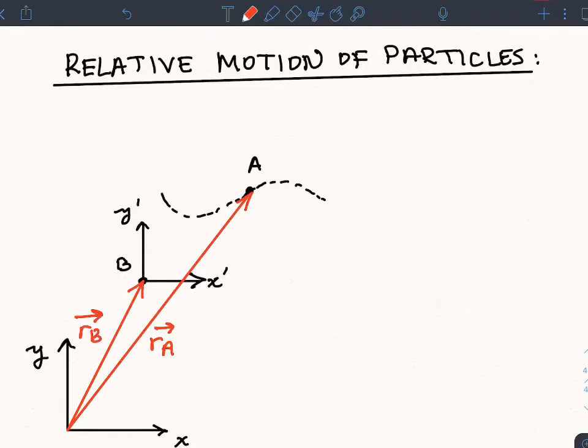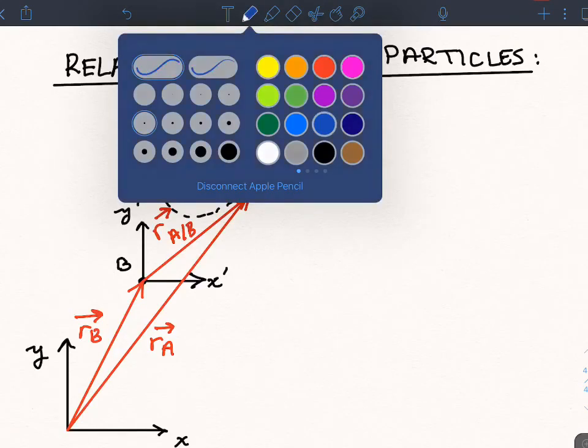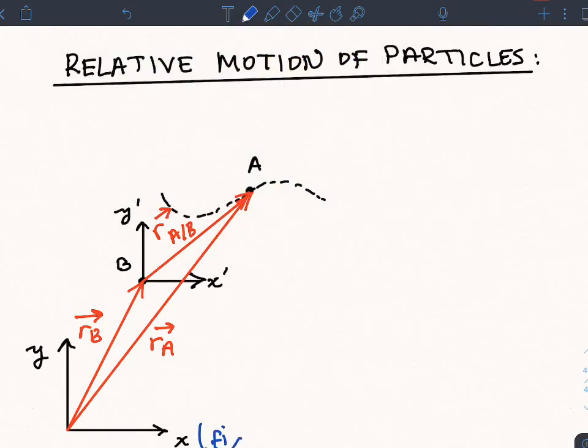RB. And now we can define the movement of A with respect to translating axis, which we can draw the position of A with respect to this translating system, and therefore we call this RA with respect to B. So if you write what is what, this is the fixed coordinate system, this is fixed coordinate system, and this is the moving or translating coordinate system.